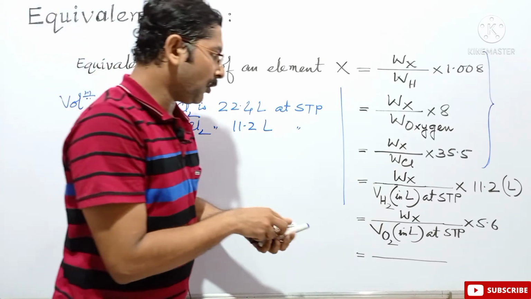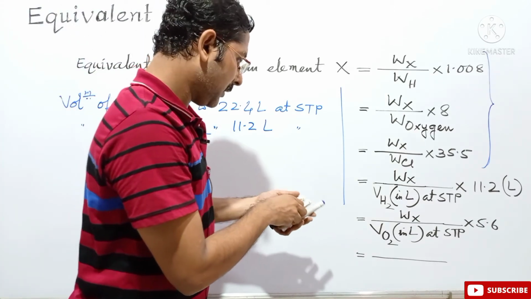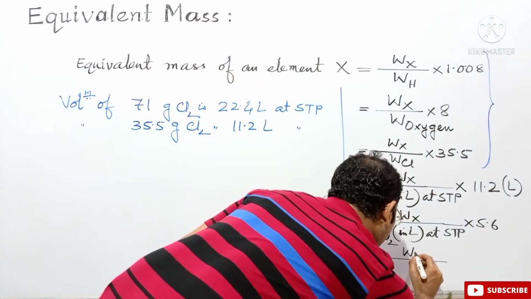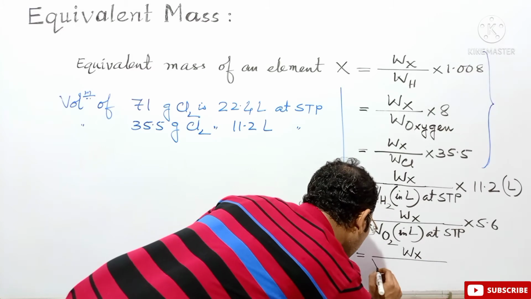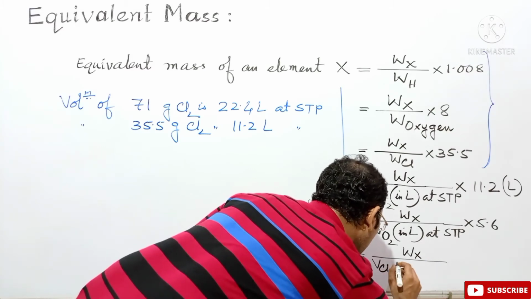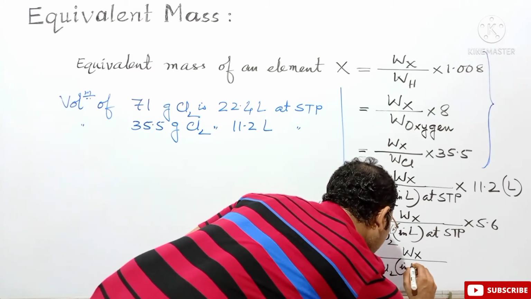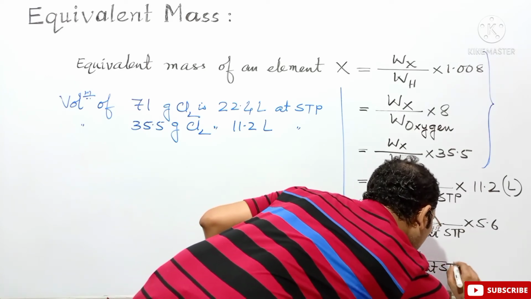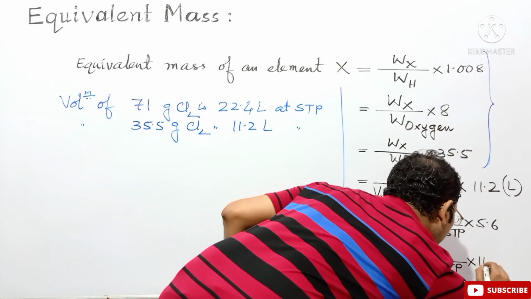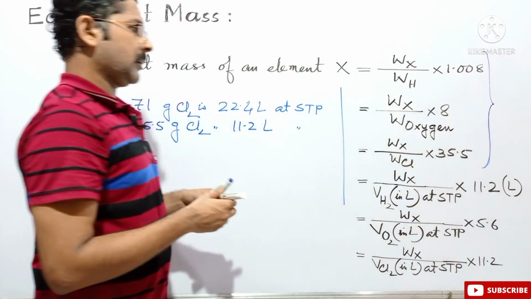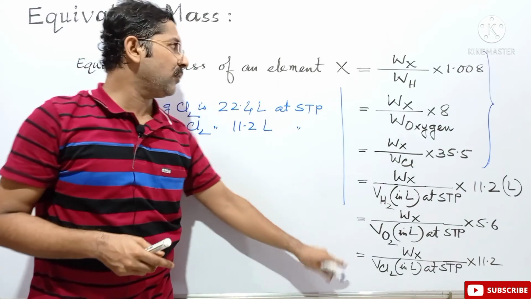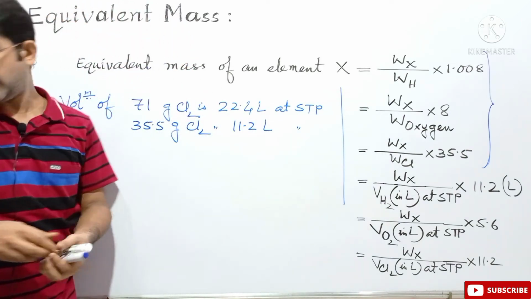So we can again modify this equation as the mass of X divided by volume of chlorine gas, this is Cl2, in liter at STP, into 11.2, okay. So these are the 6 definitions of equivalent mass, right.